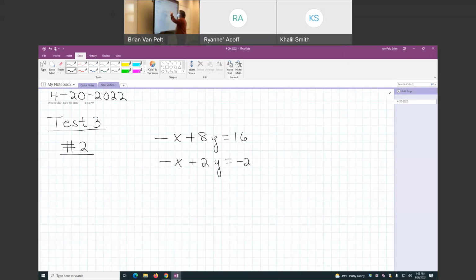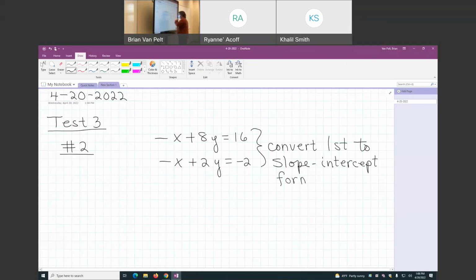Let's convert these. You have to do that first. That format is not going to work.